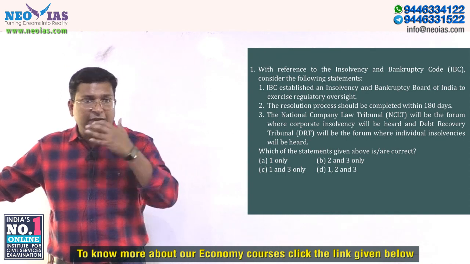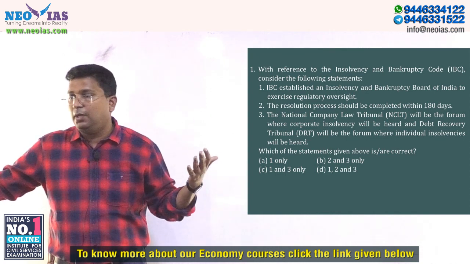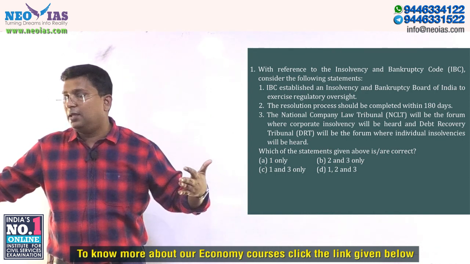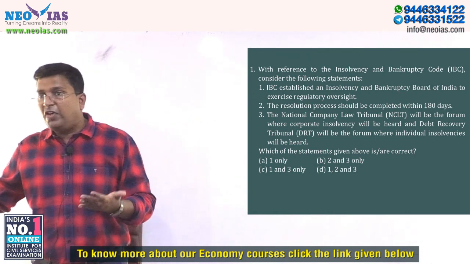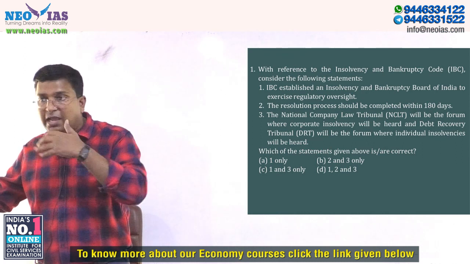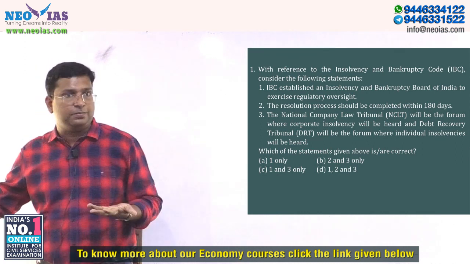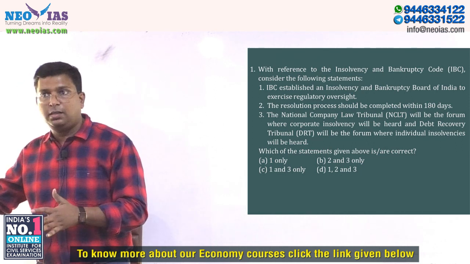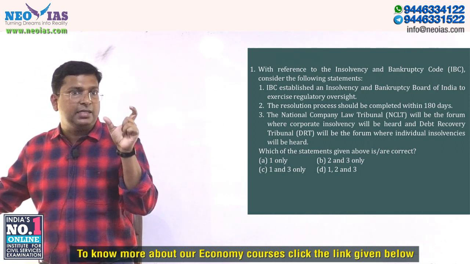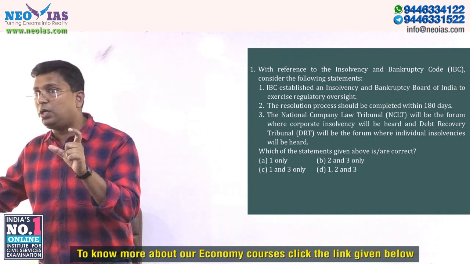For example, when a debtor has taken a loan and defaults, the bank finds it difficult to recover the loan. Now what the bankruptcy code has done is that it has set a time limit. This is a very important thing you need to keep in mind, okay.